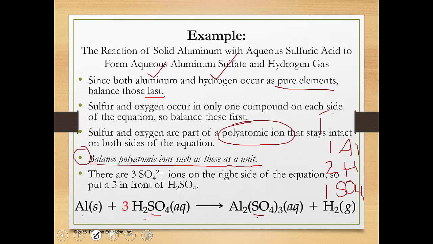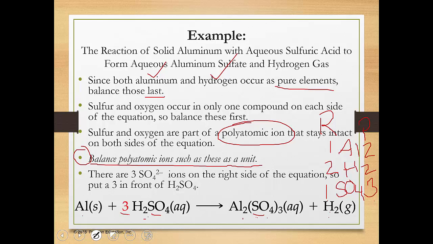That was on the reactant side. Now, if we look on the product side, we had 2 aluminums, we had 3 sulfates, and we have 2 hydrogens. We're starting with the sulfate. We have 3 on the right in the products, 1 on the left, so that's where the 3 comes from.